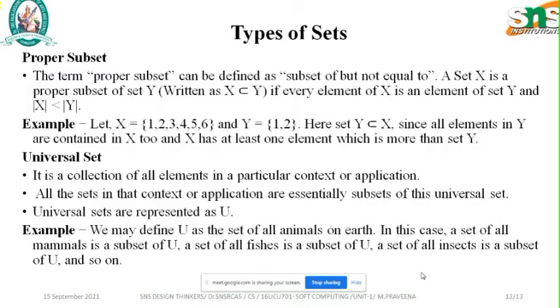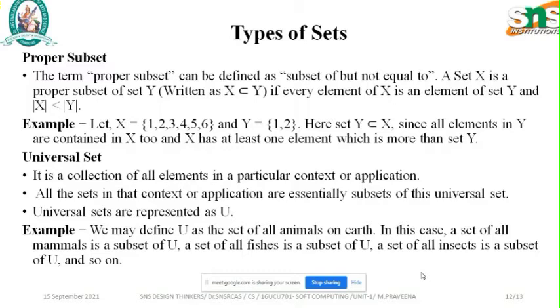Okay. Next, let us see about the universal set. So what is a universal set? This universal set is a collection of all the elements in a particular context. For example, all the planets in the universe is an example for a universal set.